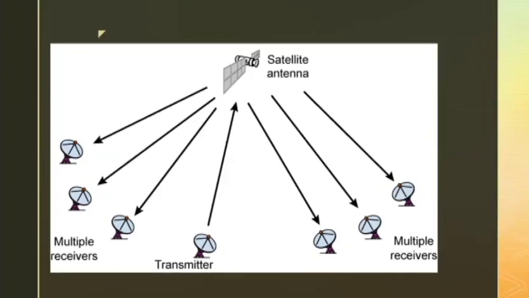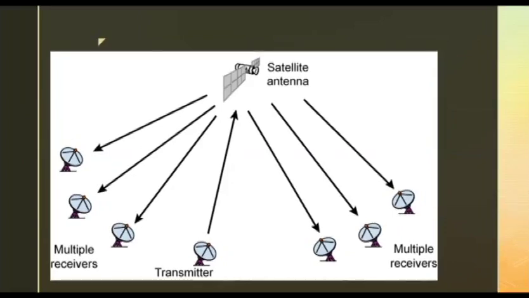You can see these satellites are placed above the sky, above 35,000 or 36,000 kilometers. They can transmit data between the satellite and the satellite transmission towers, and for satellite communication. That is what we call microwave transmission.